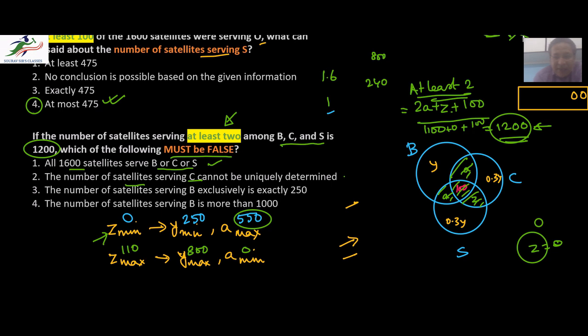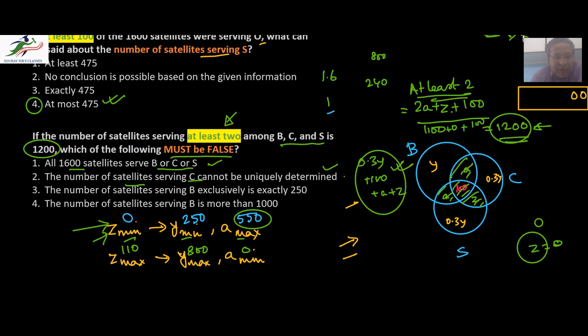So number of satellites serving C will be 0.3y plus 100 plus a plus z. Now we can define the value of this one because this is the condition and we know the value of z, y and a, so we can find out this value. So this is also true.